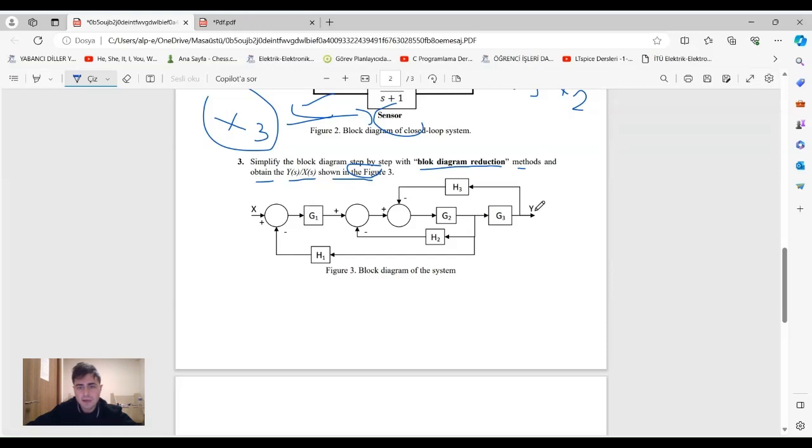And also this is the line, the X going to E. And this is G3 times H3, and also we have minus H3 and G3. And this is the feedback H2 over G1. And this is the line. Okay, we can draw this.